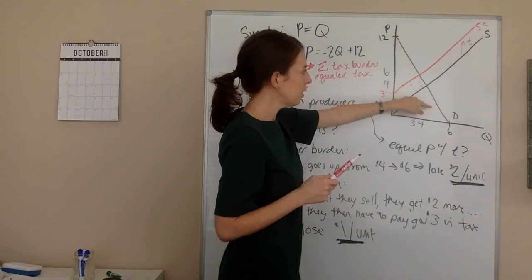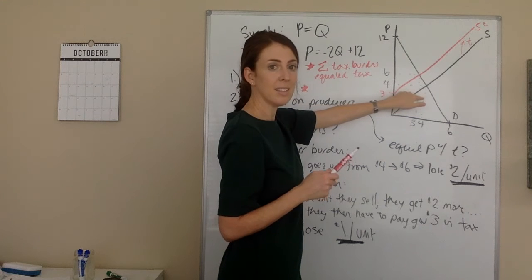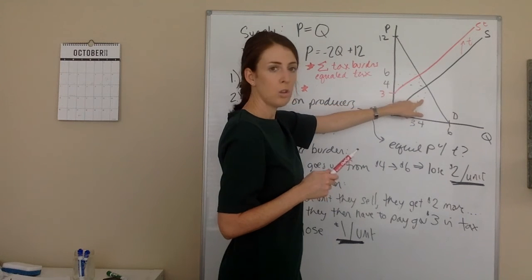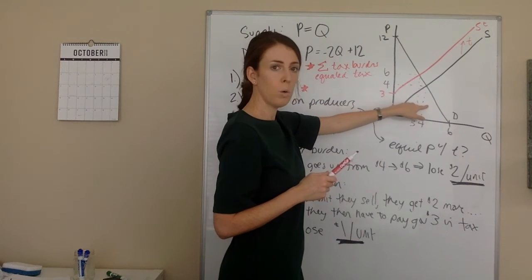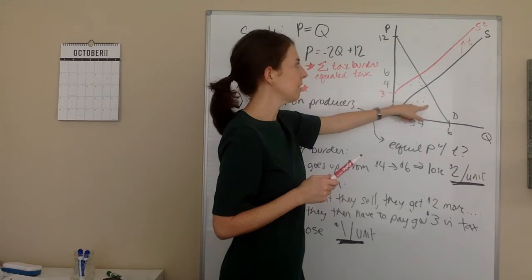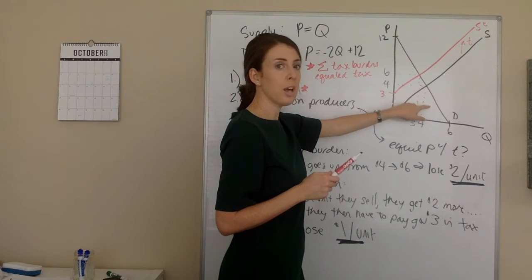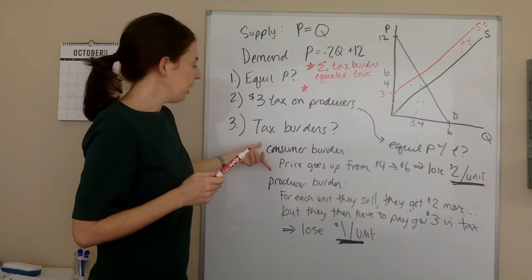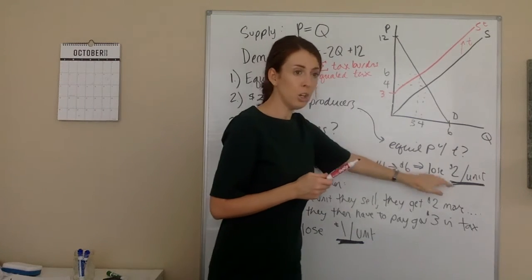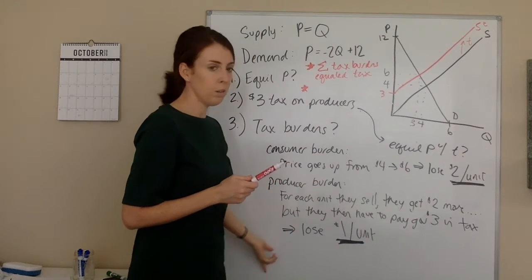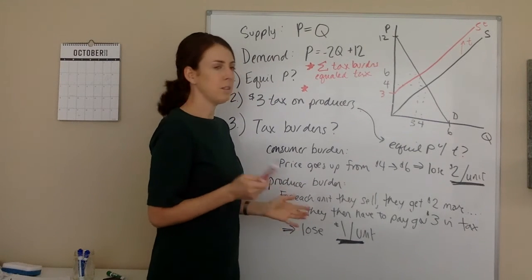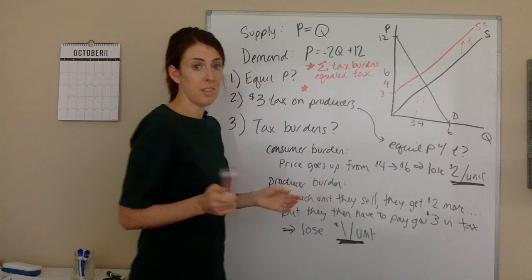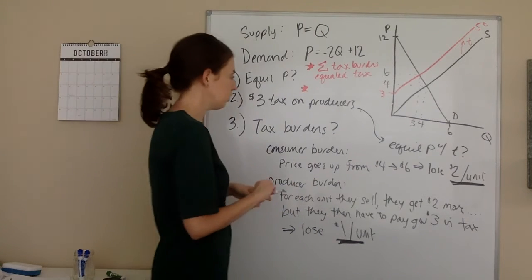So in this market, the demand is more inelastic because it's steeper. So the feature said because the demand is relatively more inelastic than the supply, the consumer should have a bigger tax burden. Okay, check. The consumer tax burden is 2, whereas the producer tax burden is only 1. So this is a demonstration that the feature holds.